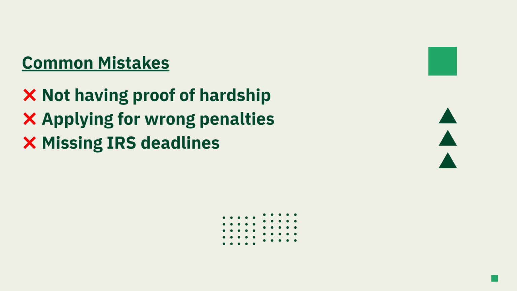It's going to be highly unlikely that the IRS is going to approve you for these removal of penalties. So you've got to do the work and make sure that you have the entire tax package, everything in order, to submit to the IRS to avoid delays or just a flat out rejection.